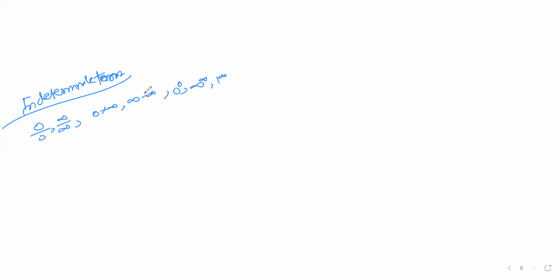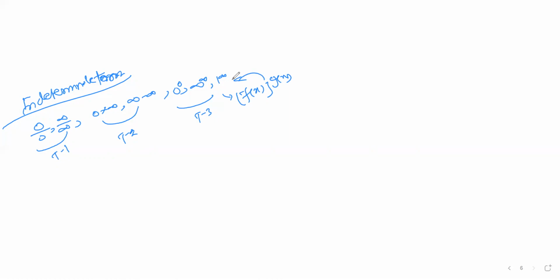So in total there are 7 types of indeterminate forms. These two are type 1, these two are type 2, and this is type 3. Here a function to the power of a function is there. Then only you will get this type of indeterminate form.